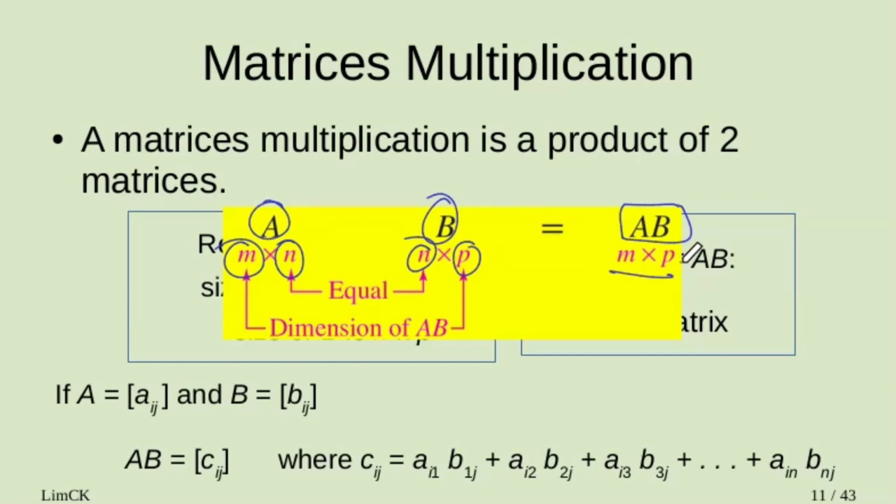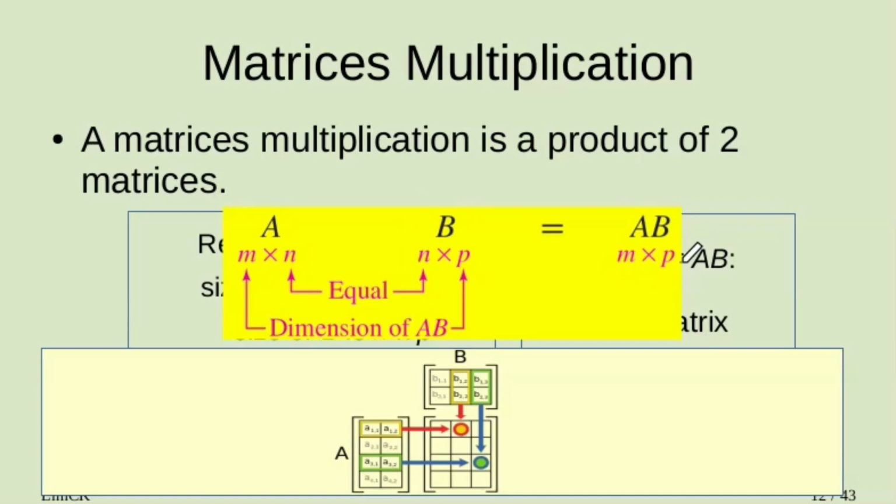And then how do we find the result of this matrix multiplication, the AB? This is what we do. For example, at this position, row 1, column 1, this is matrix A, this is matrix B. For row 1, column 1, you find row 1 in the first matrix and column 1 in the second matrix.